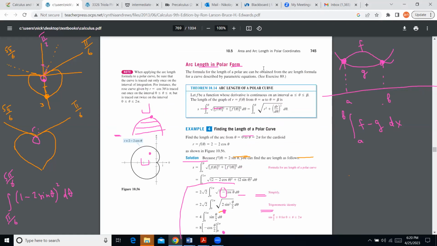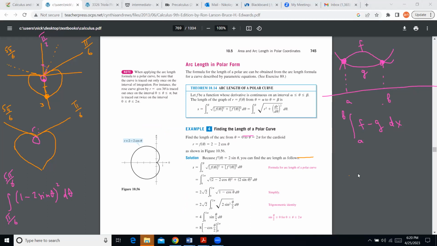And then there are also formulas that come with the arc length. And well, that's kind of analogous to what we already saw before. So maybe I'm not going to get that deeply into this because they actually don't prove this formula.